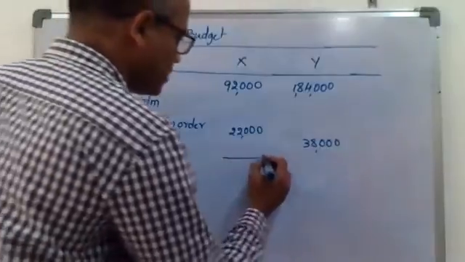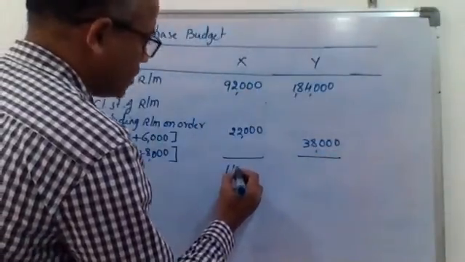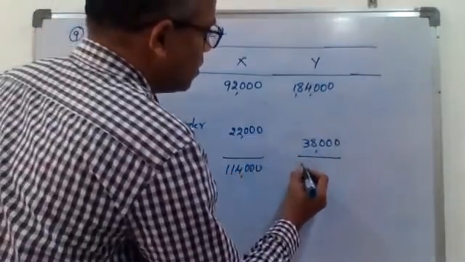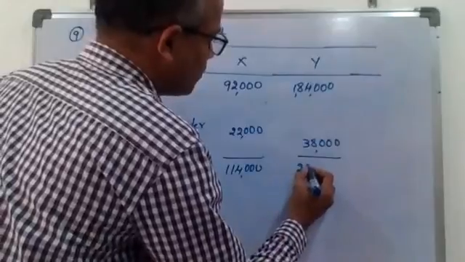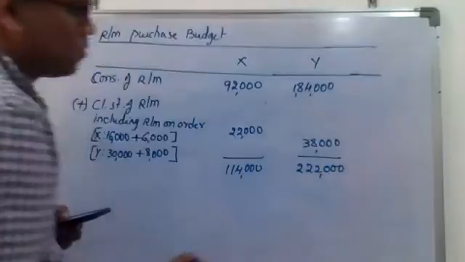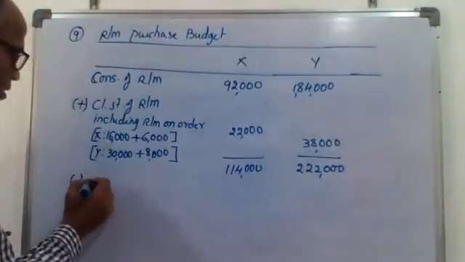So when I take the total, I get 1,14,000 for X and 2,22,000 for Y. Right? From this, what am I supposed to deduct?